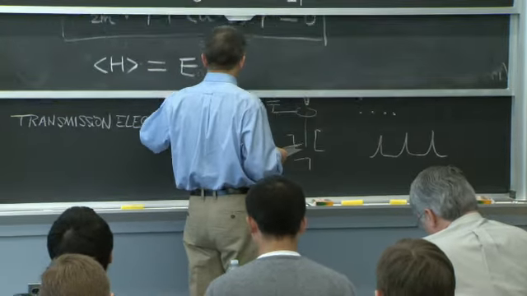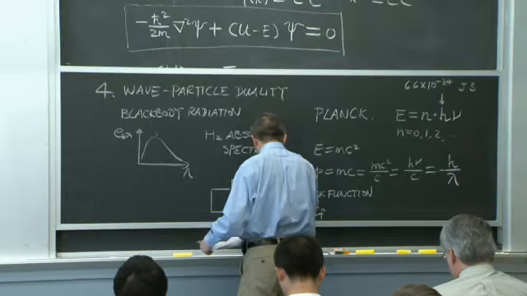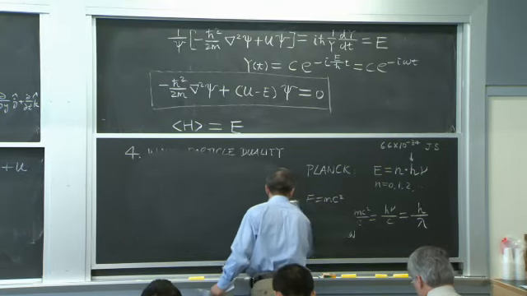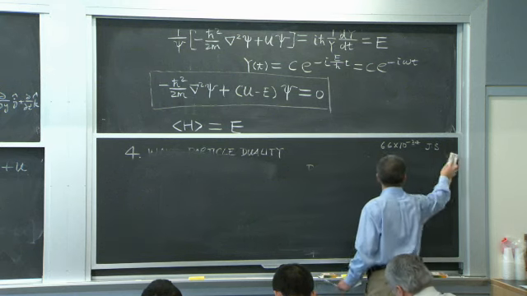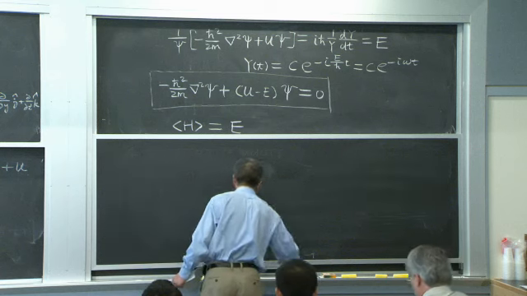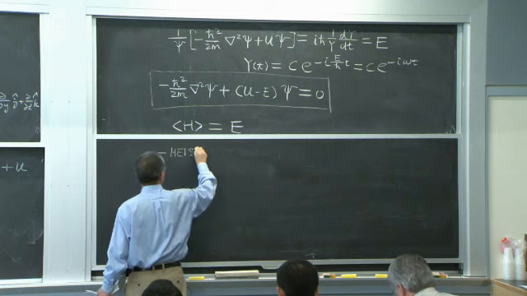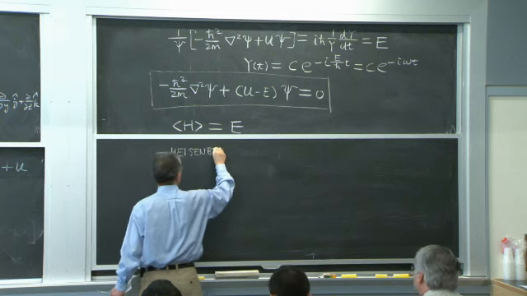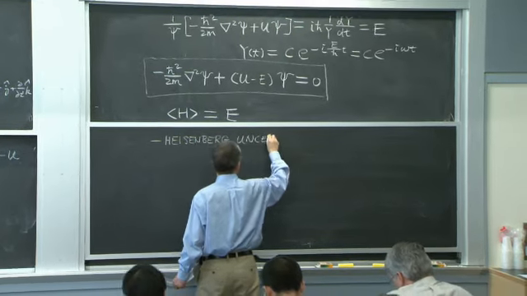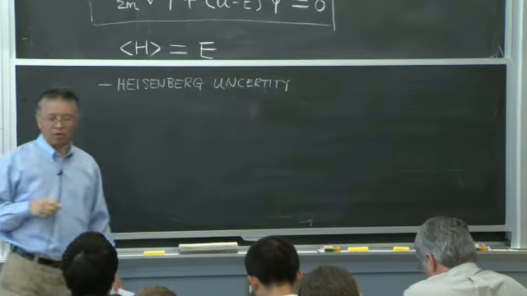A few more comments. Because the wave function is a probability, we have a basic relation: the Heisenberg uncertainty principle. You have all heard this.